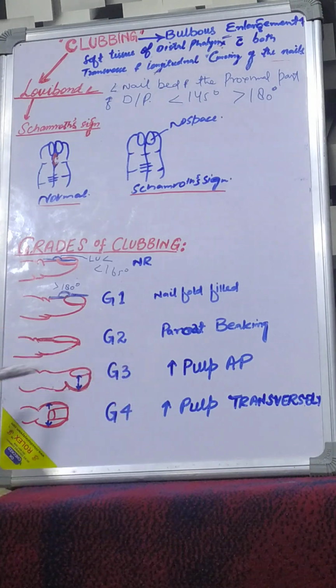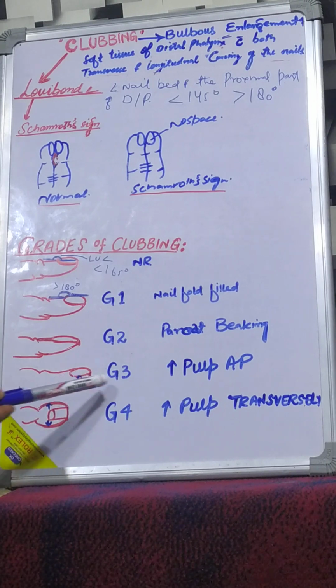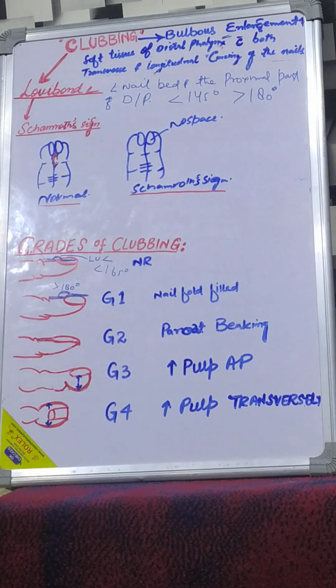Grade 3 clubbing: anterior-posterior enlargement of the soft tissue of the distal phalanx occurs. For grade 4 clubbing, you look at the figure: transverse enlargement of the soft tissue of the distal phalanx occurs.